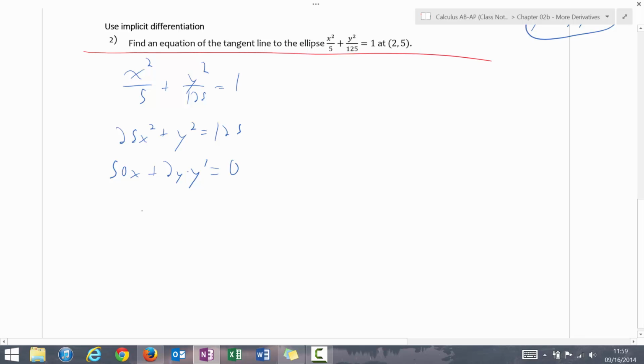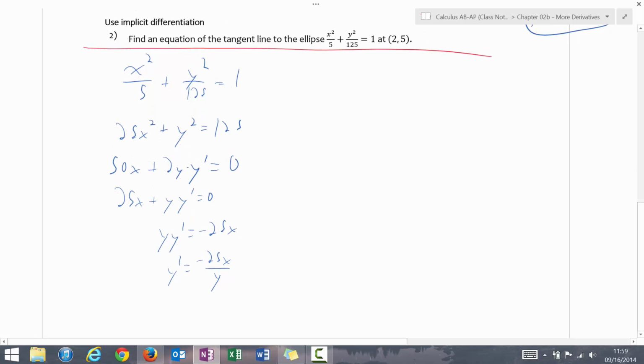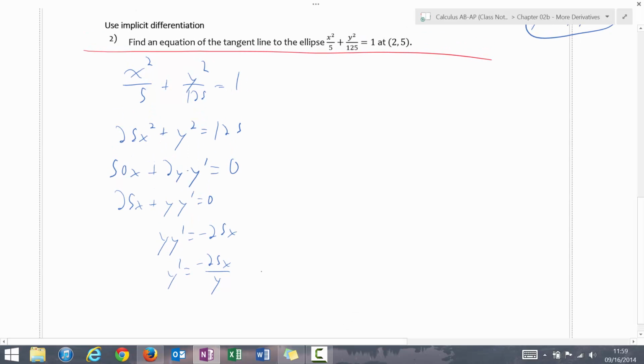And if I put y prime by itself, I can divide both sides by 2 first. And then I would get y prime is equal to negative 25x over y. And if it wants the equation of the tangent line at (2, 5), I'm going to find what y prime of (2, 5) is.